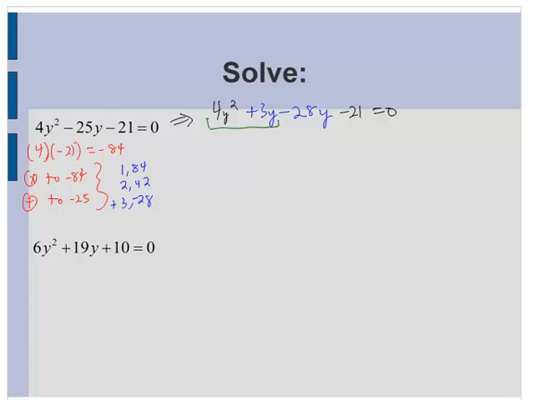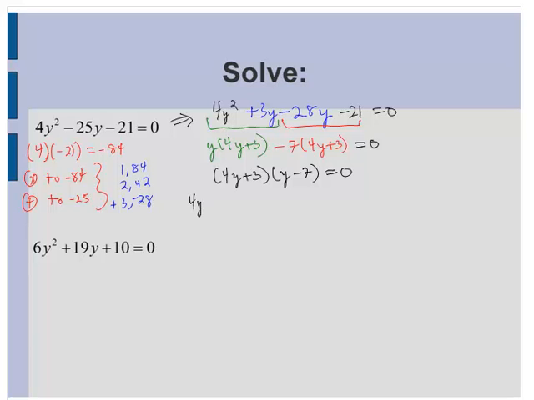Grouping, I'd have y times (4y plus 3) minus 7 times (4y plus 3). And so that would factor completely as (4y plus 3)(y minus 7), and that's still equal to 0.